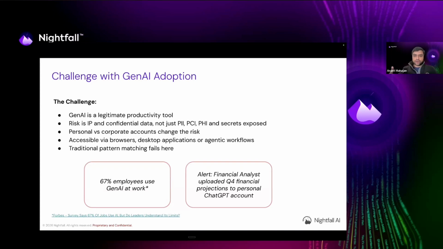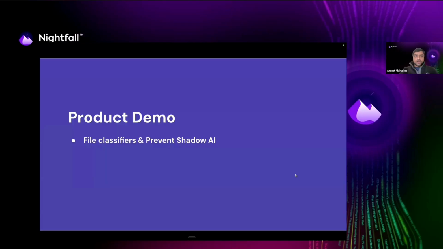These are documents or source code that is going out into accounts, and we'll look at how Nightfall is able to address that particular scenario. So I'm going to showcase a couple of different features here and showcase the file classifier capability that we've recently launched. So let me switch over to a demo here.